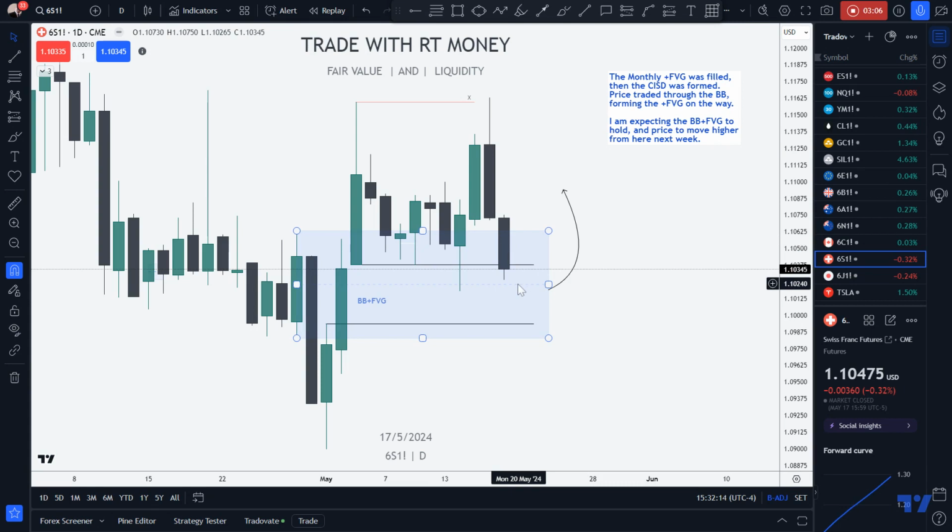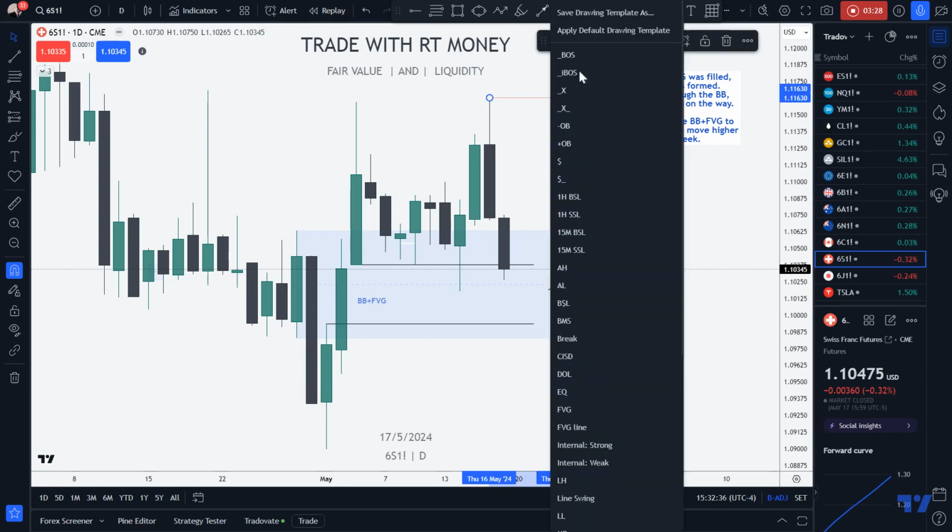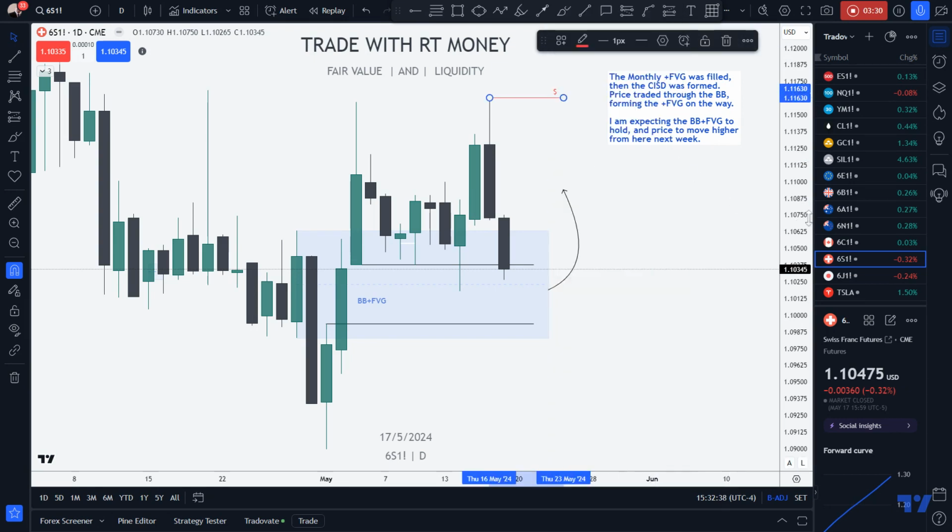That's the external, and we come back to the internal, and I'm looking for the external to be the next target, which would be the high of this candle. So I'm looking for price to work its way up to that new target, which is at 1.11630.